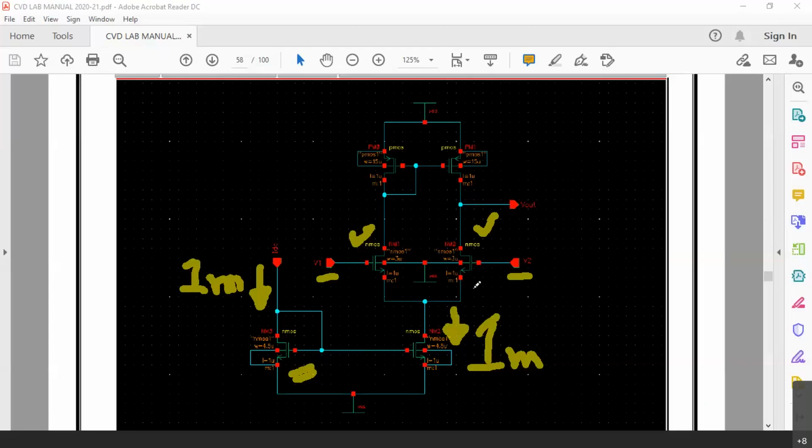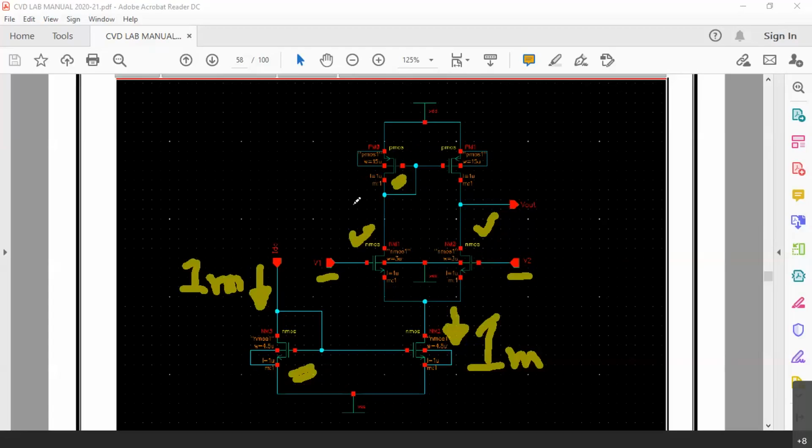Now in this common source amplifier, at the top there is a resistor required. We already know that instead of resistors we are using CMOS devices here. You can see at the top, even for this particular PMOS device, the gate and the drain are shorted.